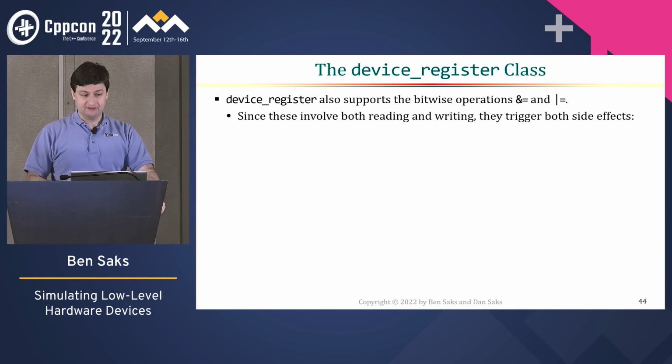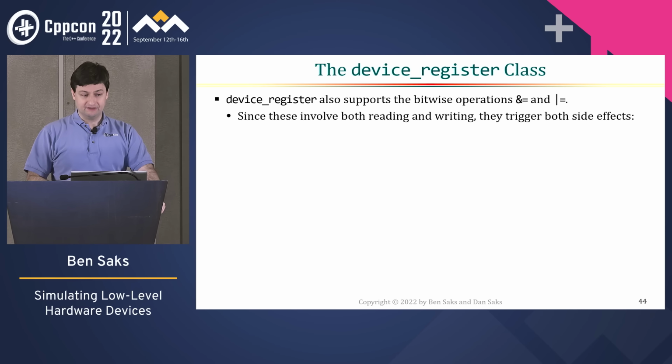Now, as I mentioned, different registers are going to need to support different side effects in this case. So ordinarily, there are lots of different ways that we might choose to solve this problem. But in this case, we're constrained because we want our existing definition of the UART class to work in this simulated environment without modification.